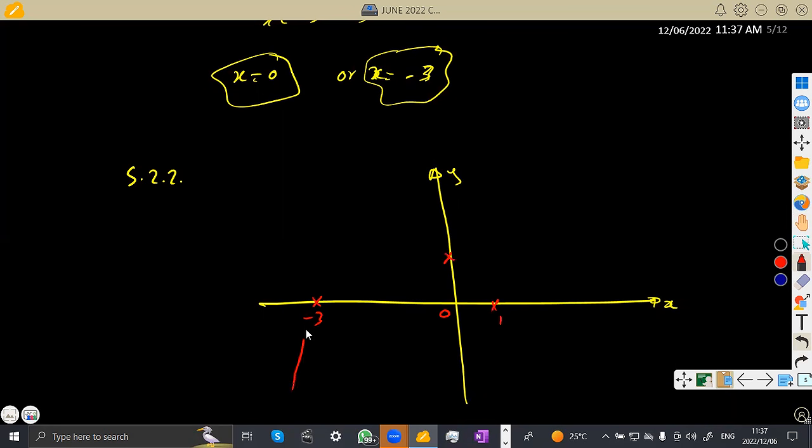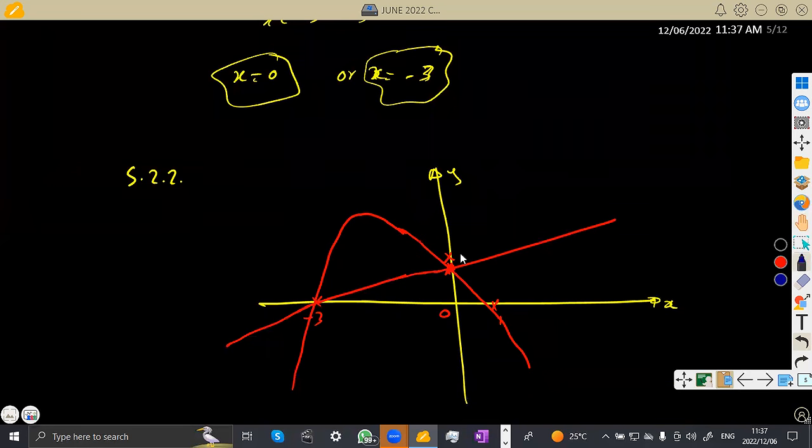So we've got something like this for the quadratic graph. All right, so let's just say this point here. And remember the point of intersection for the straight line, that straight line is going to cut at -3 and also at this point here, which is 1,5. So this point, this is 1,5. This is 0.1, this is 3. All right, this is 0.3.